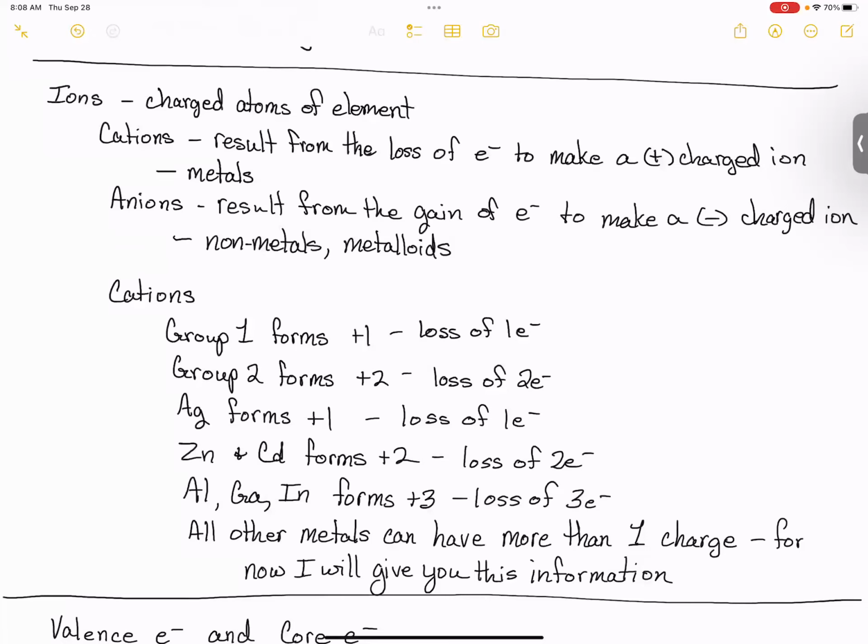But for now, I'll have to give you that information. Questions? Now you may ask about the anions, I mean the nonmetals and metalloids forming anions.